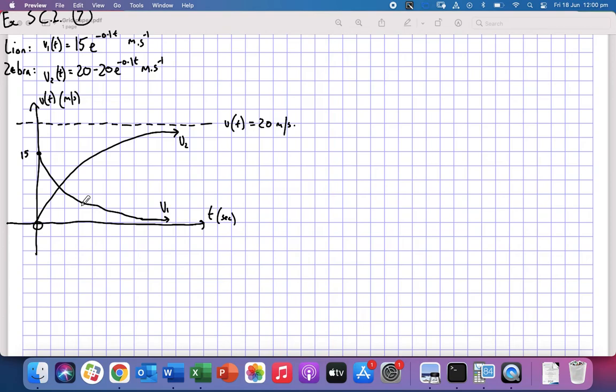What I would say is, you could graph it. You could say, for times greater than 0, we could say this: the lion's speed is always going to be less than 15, from what he started at.